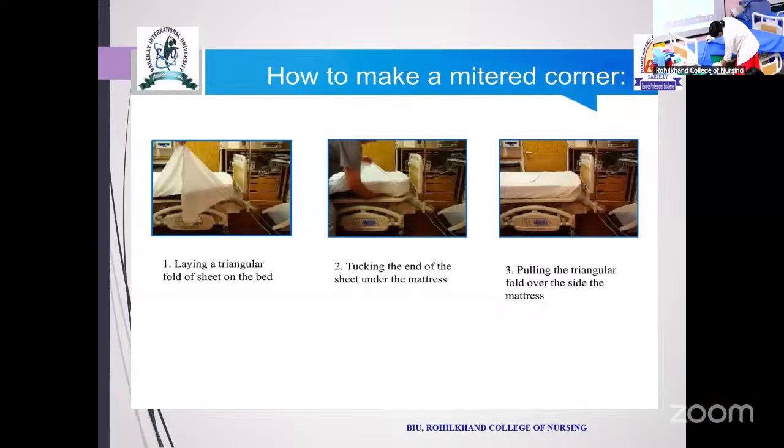First, layer the triangular fold of sheet on a bed. Then tuck the end of the sheet under the mattress. Pull the triangular or 45-degree fold over the side of the mattress. Secure all the remaining parts under the mattress.